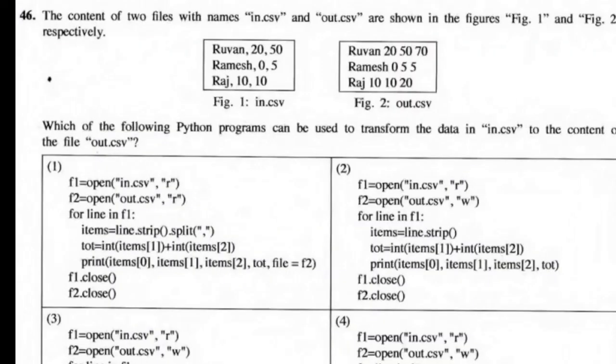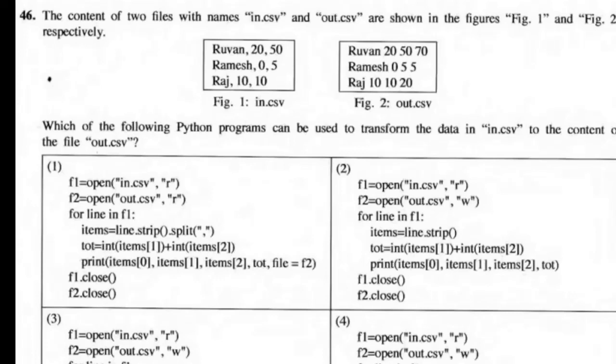Here we haven't used the CSV module. There are 2 text files, one is in.csv, other one is out.csv. Remember, in the in.csv file, there are 3 data fields in a single row.